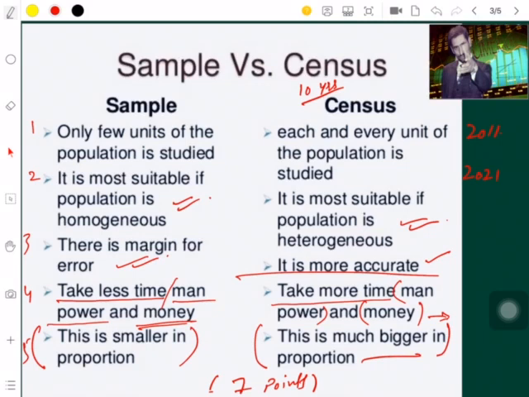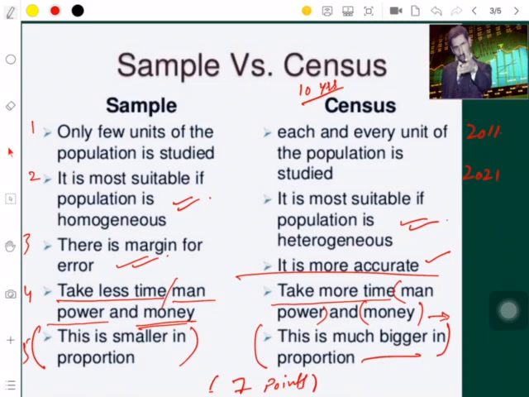There are a lot of merits and demerits which are associated with this sampling method and census method. There are a lot of errors and omissions which are associated with this sampling and census.